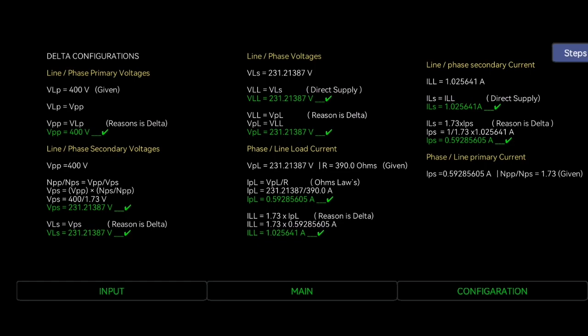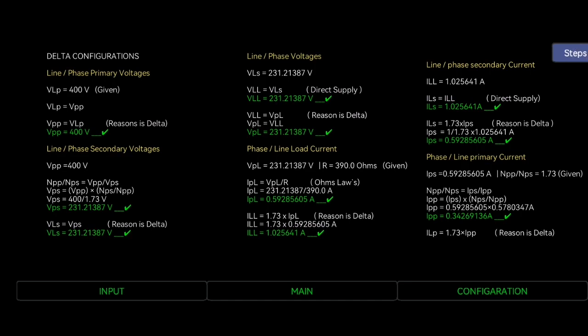We have the ratios and the current from the phase secondary. Then we're going to substitute everything that is given, because we swap. Then now the phase primary current is this one.